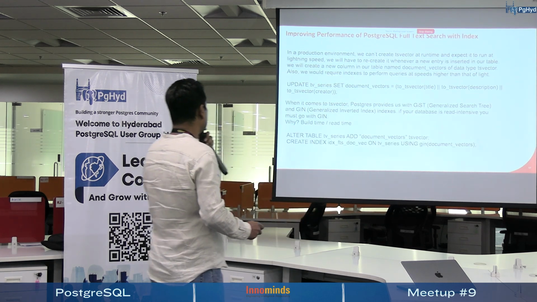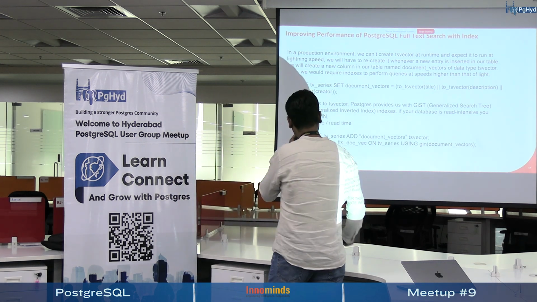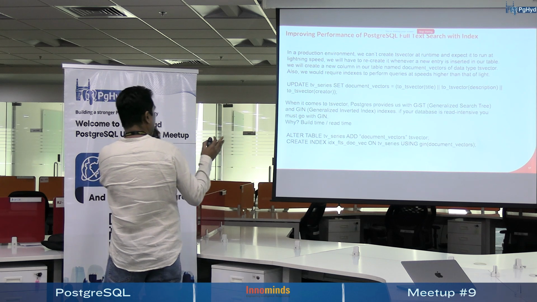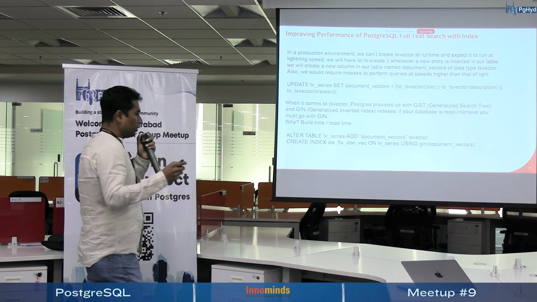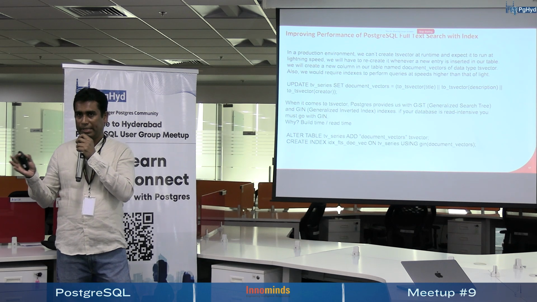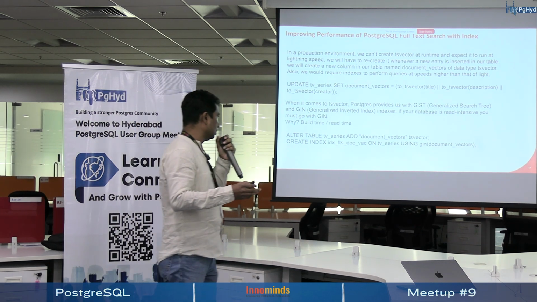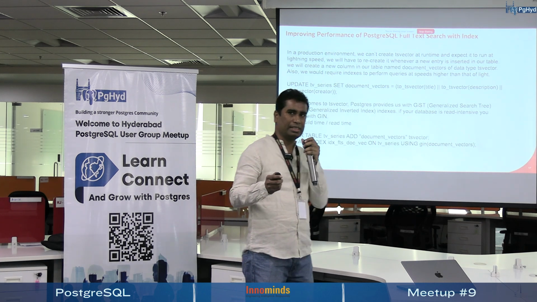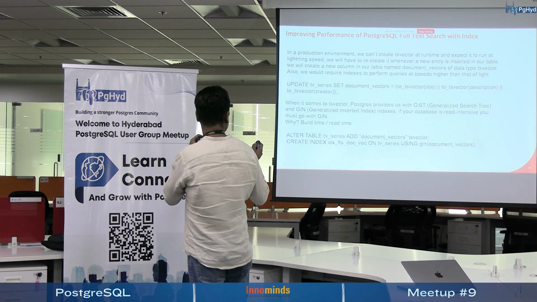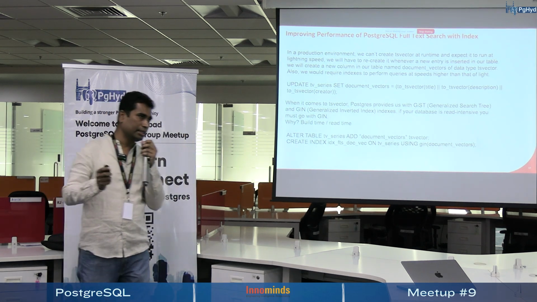Okay, let us go with another topic. This is a very sensitive topic, full text search, what exactly we are doing. The index is there. So, how exactly can you do indexing? There are several kinds of indexes available in Postgres full text search: B-tree is there, hash is there, SP-GiST is there, GiST is there, GIN is there.